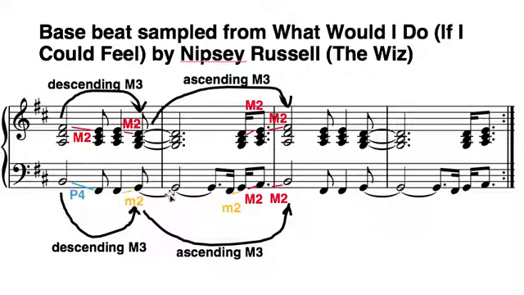It's this descending major third, and then on the next downbeat it comes back to where we were before. So there's this cyclical aspect to it: we descend by a major third and ascend by a major third in the melody and in the bass as well. We go from B to G, and then from G back to B. So we're cycling through those notes using major thirds.